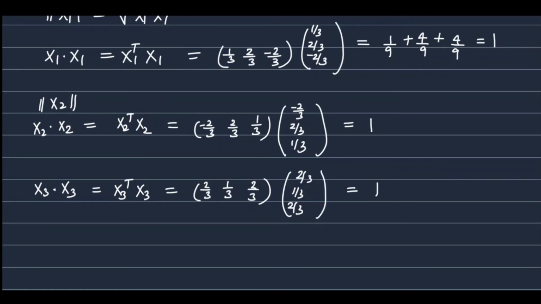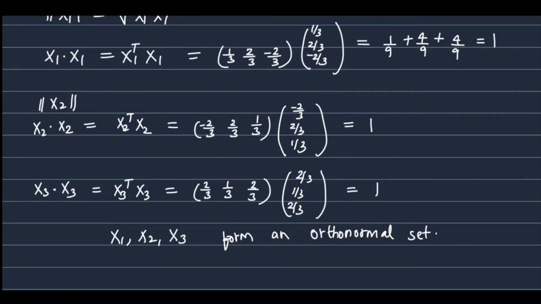So each vector is orthogonal. The vectors are orthogonal among themselves and their norm is 1. So we see that x1, x2, x3 form an orthonormal set.